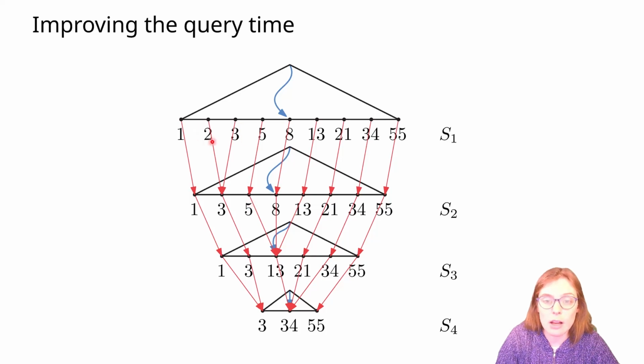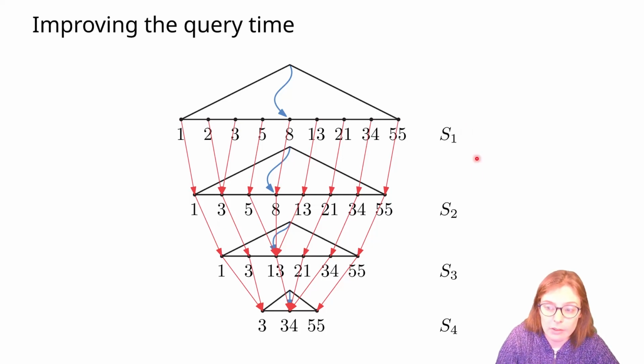And if the value appears in S1 but not in S2, then we create a pointer to the successor of that value in S2. So in this example, 2 does not occur in S2, so it will have a pointer to the value 3, which is the successor of 2, and 3 appears in S2.